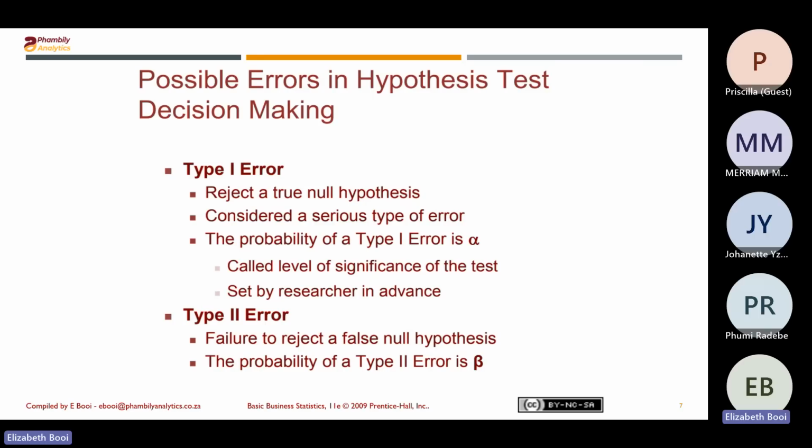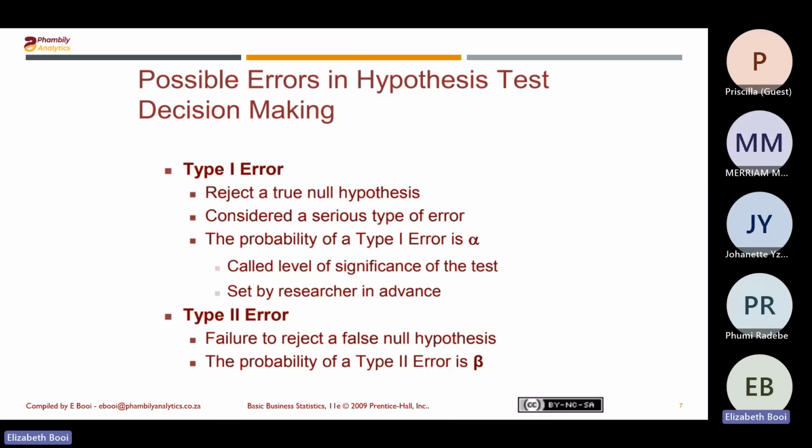Then we also have a type 2 error, and the type 2 error is when we fail to reject a false null hypothesis. And remember, a false null hypothesis would be when the researcher wanted to prove that the mean is less than 30. We create a false hypothesis that says the mean is greater than or equal to 30, because the researcher wants to prove that it's less than, and the less than goes into the alternative, but our null hypothesis stays as less than or equal because it's a complement of a less than.